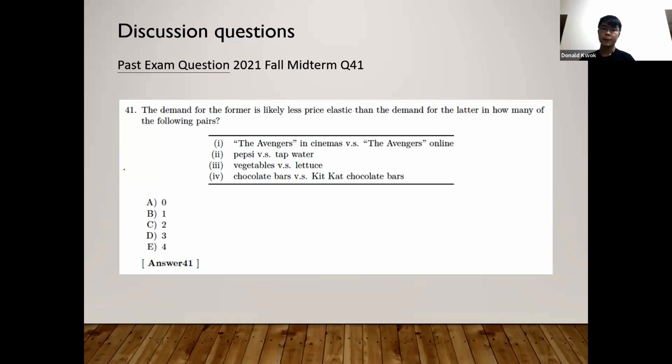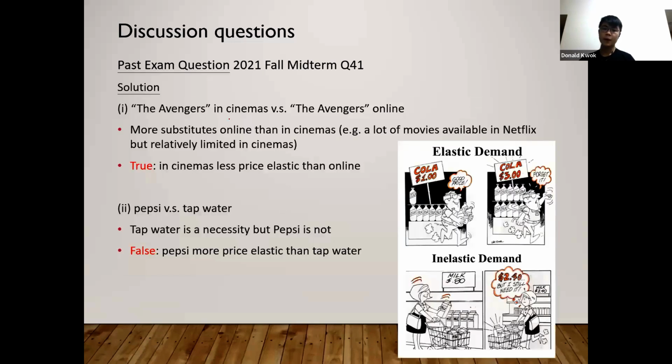Okay, so we are comparing the elasticity of demand for each pair of the goods here. So let's see. For the first one, Avengers in cinema versus Avengers online. When we are talking about movies in the cinema, it will have fewer substitutes because it would be restricted to the films that are available at the cinema at the point in time.